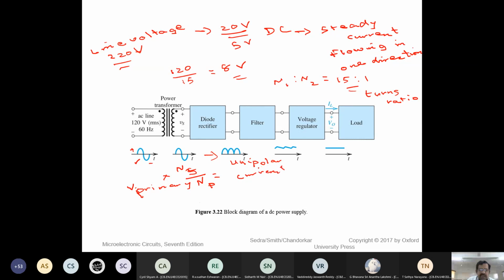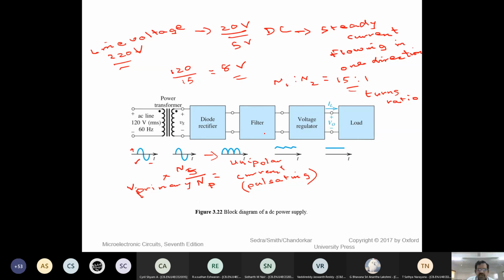However, note that this unipolar current, which means it is in the same direction, positive only, is pulsating, which means it is in pulses. So when you feed it into a filter circuit, there are different types of filters.